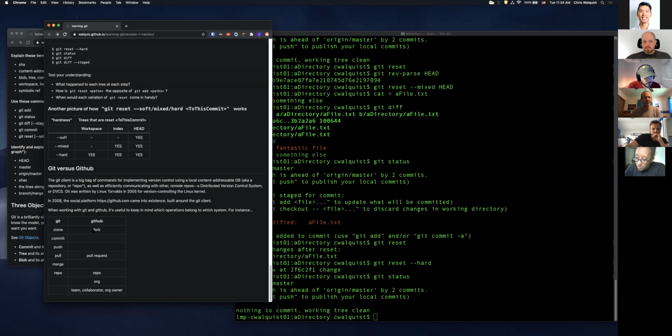And organization, that's another GitHub concept, as well as org owners, teams, collaborators. Those are all GitHub. But Git is just clone, merge, commit, push, pull. That's when we're talking about Git.